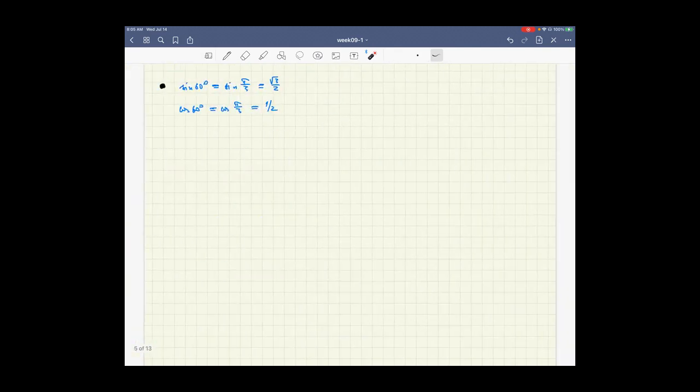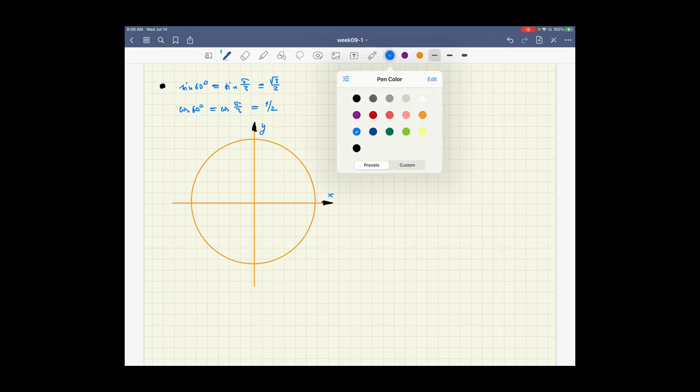So the argument is again to draw a unit circle centered at the origin. Let's show an angle of 60 degrees.